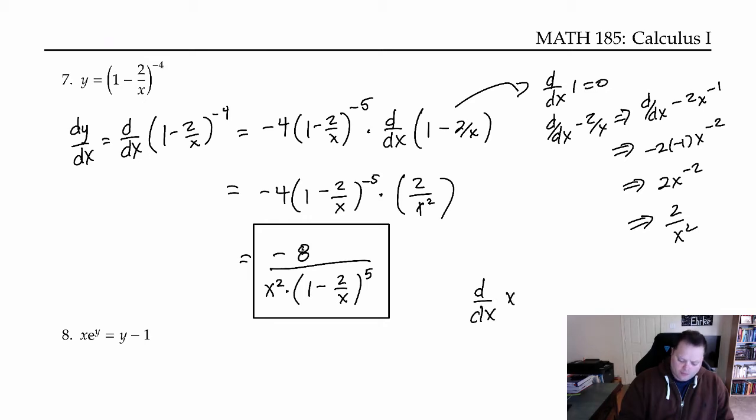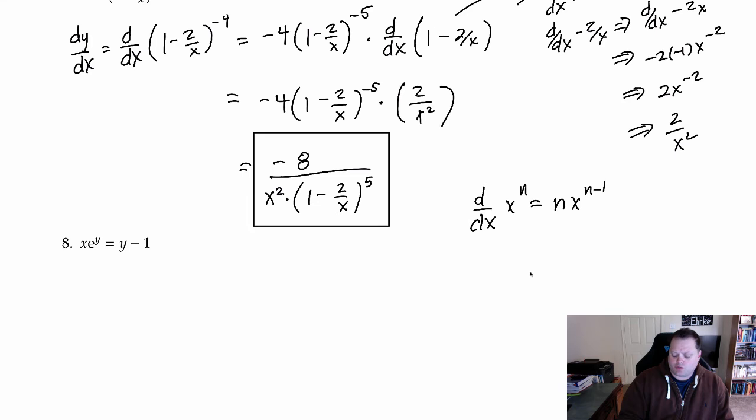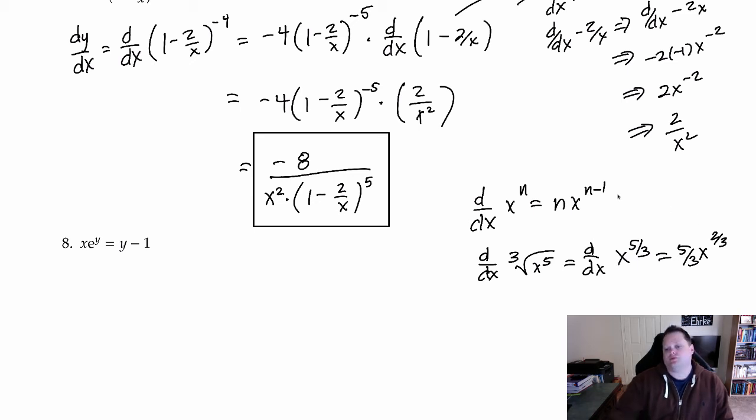Remember our power rule says this, and we know that n can be any real number, which means that, for example, the cube root of x to the 5th, we know that's the same thing as x to the 5/3. So the derivative is 5/3 x to the, subtract 1 from the power. So subtracting 1 from 5/3 gives you 2/3. It can handle roots, it can handle reciprocals. So power rule, incredibly important on this test.